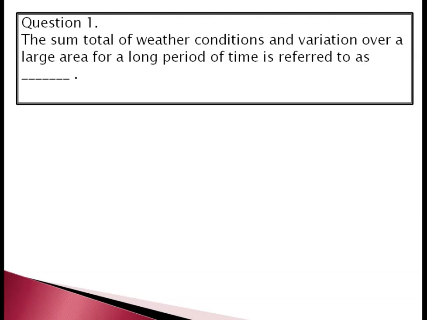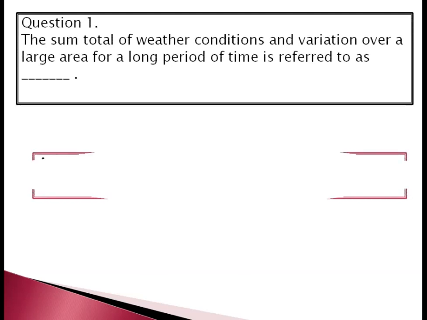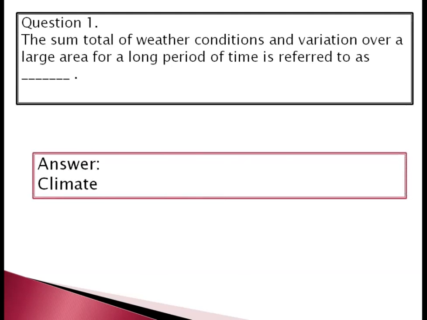So the answer is: climate is the sum total of weather condition and variation over a large area for a long period of time.